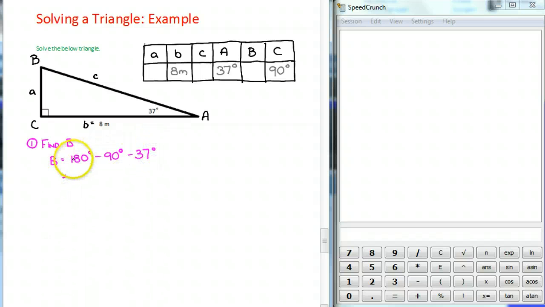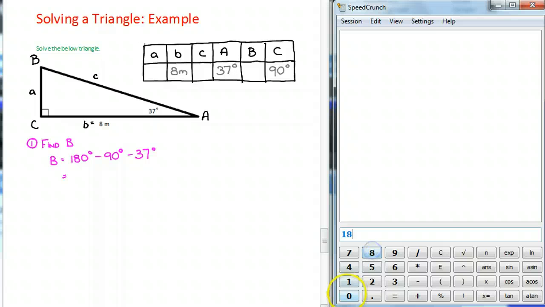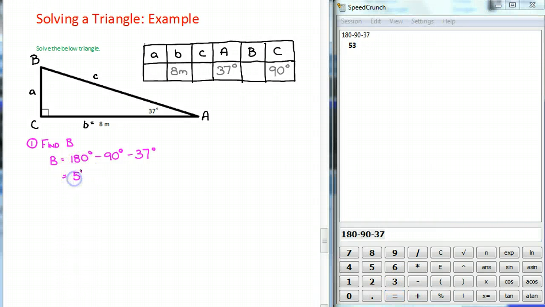I work through this, and I believe I should get 53 if I've done this right. Let's go over to my trusty calculator and check. 180 minus 90 minus 37, 53 degrees. Perfect. And now I take this and write it in my chart.